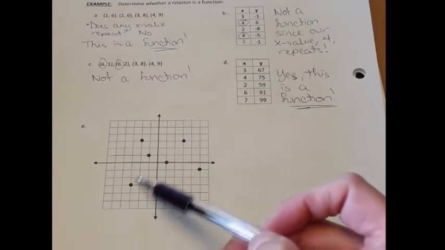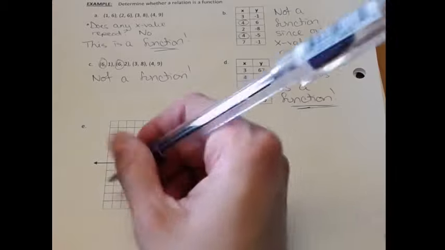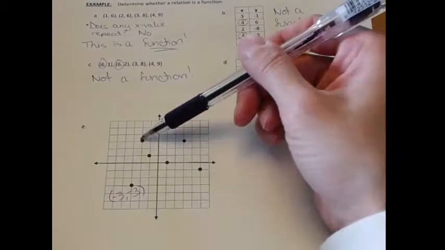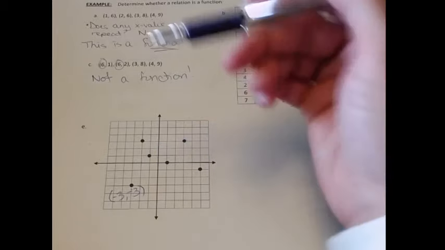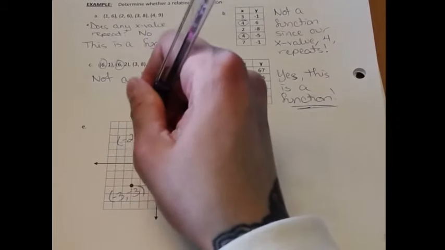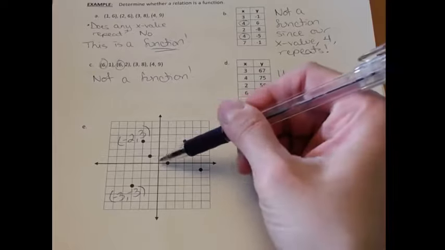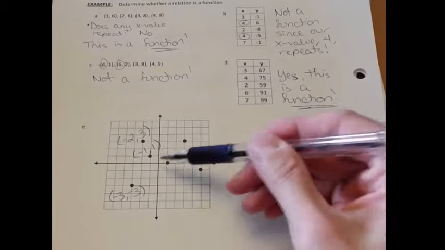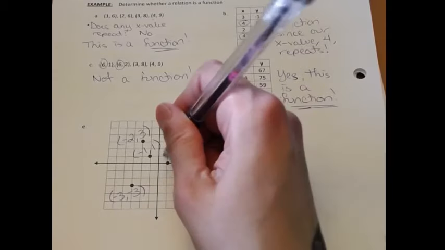My first ordered pair here is (-3, -3). My next ordered pair is (-2, 3). Next I have (-1, 1). Then I have (1, 0).